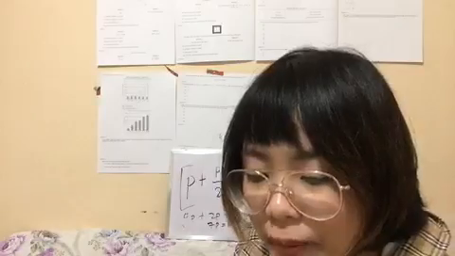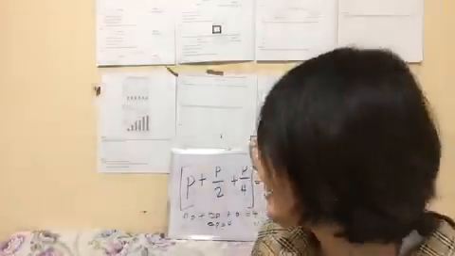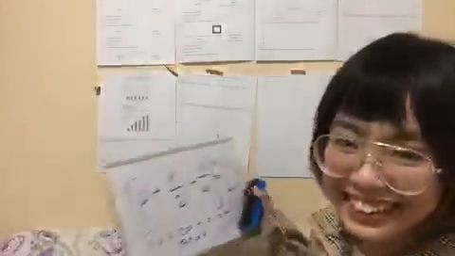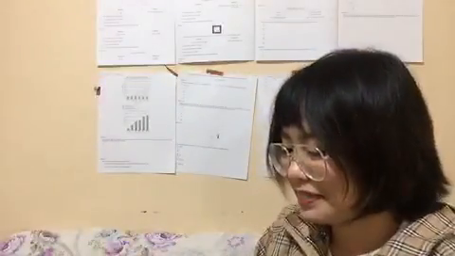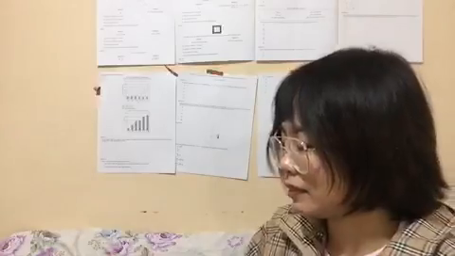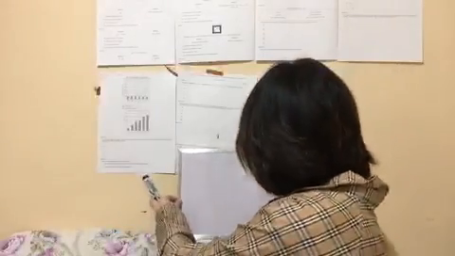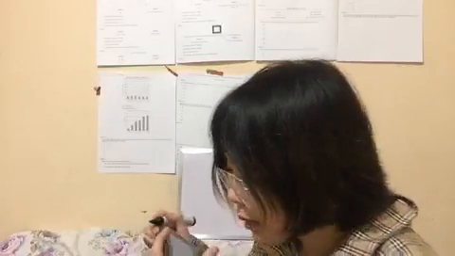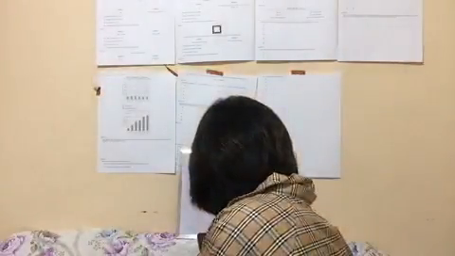In triangle ABC, the measure of angle B is 90. We have to draw it. Okay, so we have triangle ABC with B equal to 90.